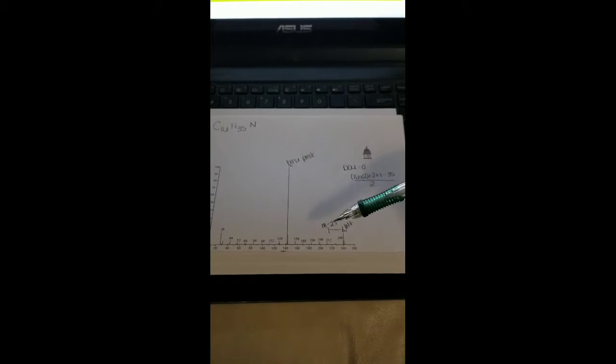After we figure out those two pieces, I like to determine any fragments that we have. Here we see 212. If you subtract 212 from 241, you get 29. So an M-29 is a good indicator that there is a bond between CH2 and CH3.